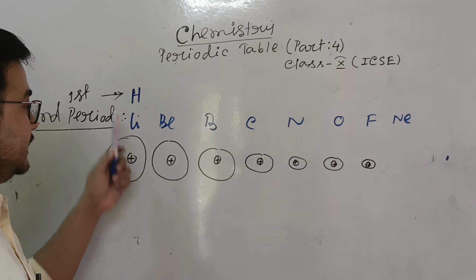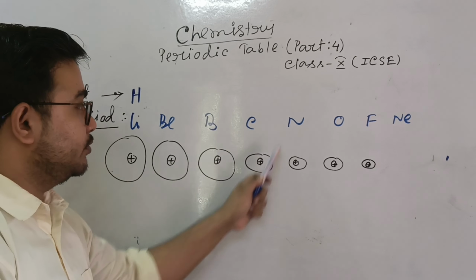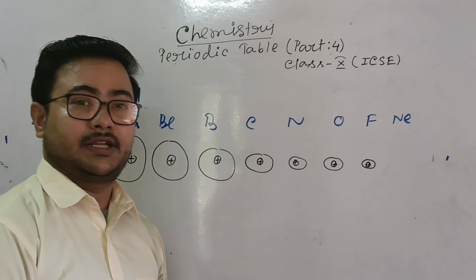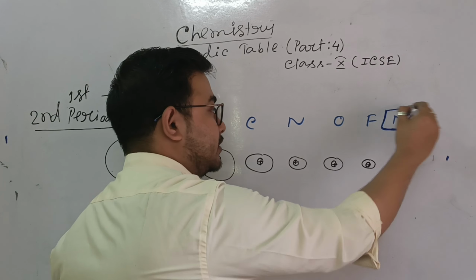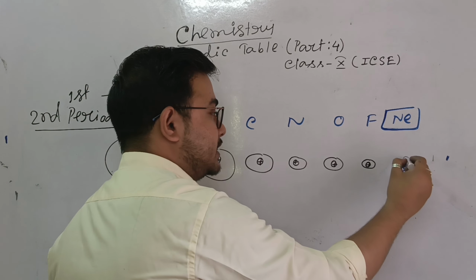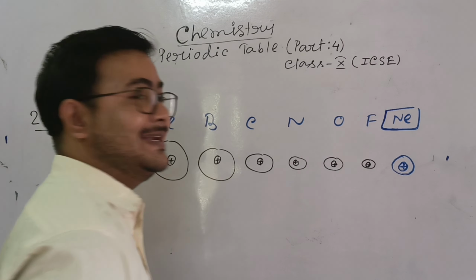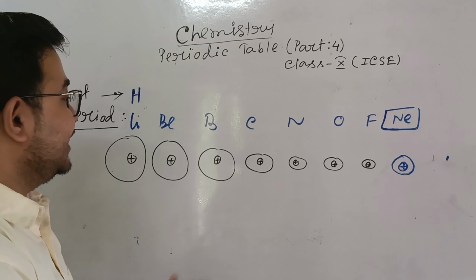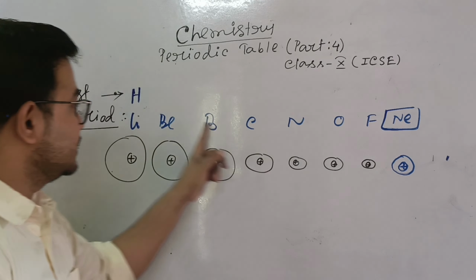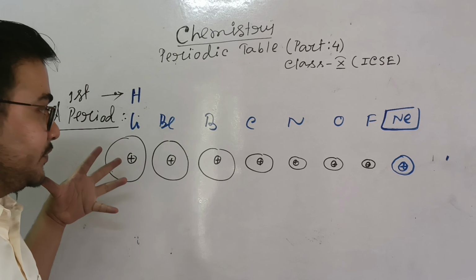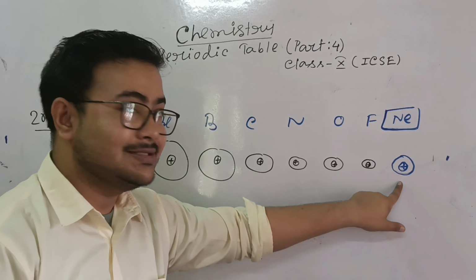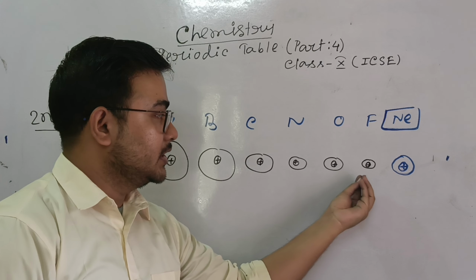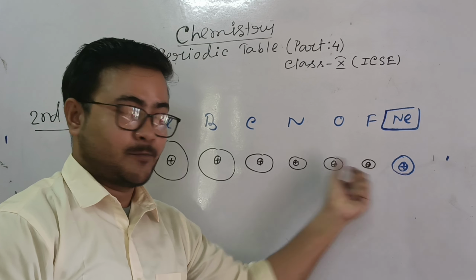This is the trend: lithium, beryllium, boron, carbon, nitrogen, oxygen, fluorine. But the exception is neon: its atomic radius slightly increases, though not as much as lithium or beryllium. As we move left to right, radius decreases, but the radius of neon suddenly increases. Why?